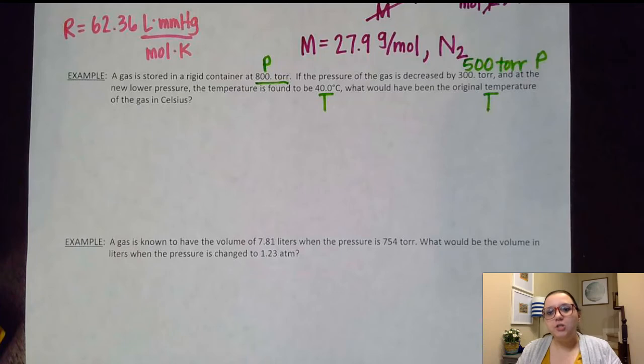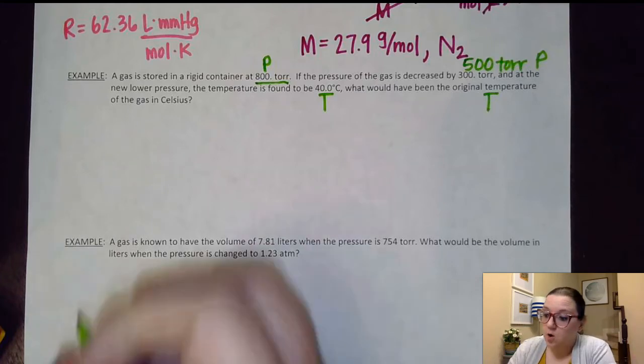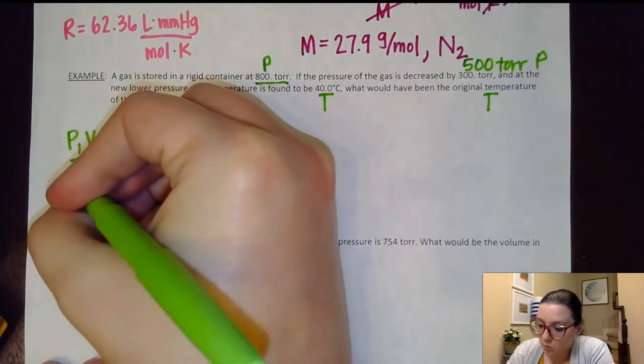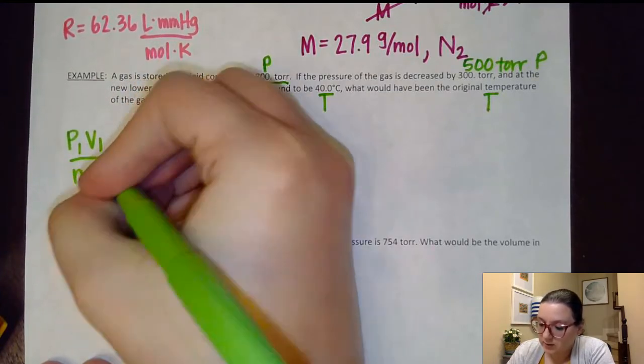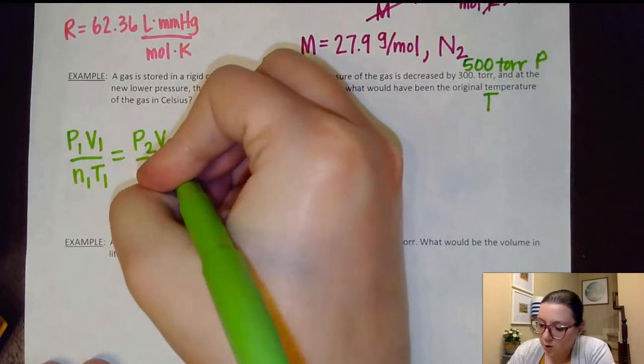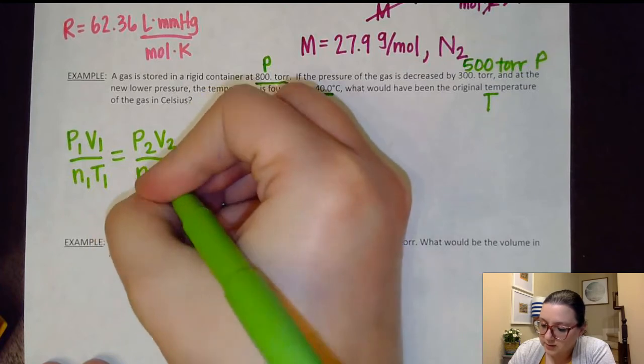Now, when I have changing conditions, what that means is that I'm going to be using some sort of variant where I have the combined gas law, where I have P1 times V1 over N1 times T1 equals P2 V2 over N2 T2.